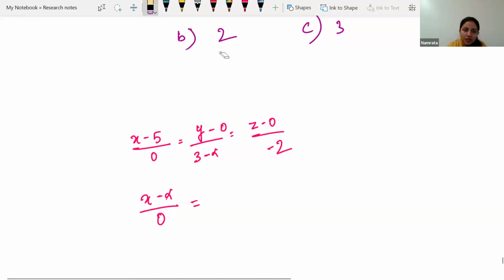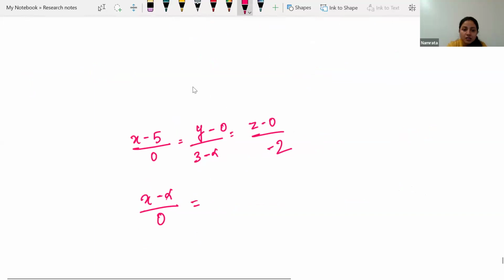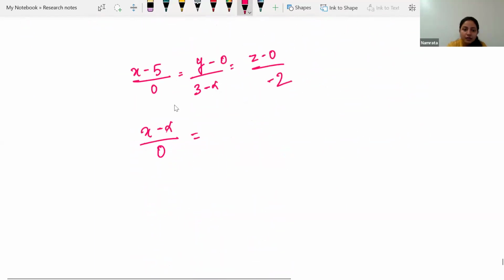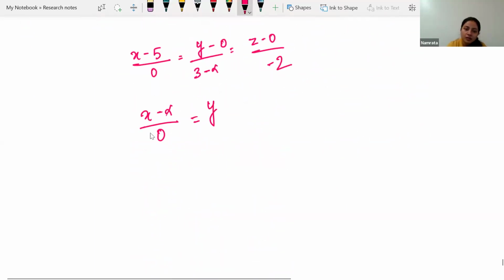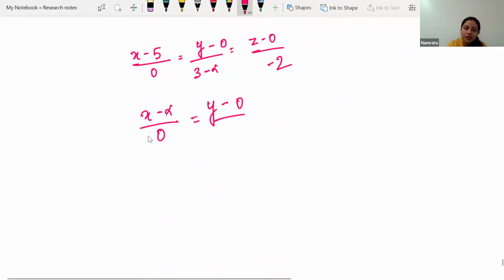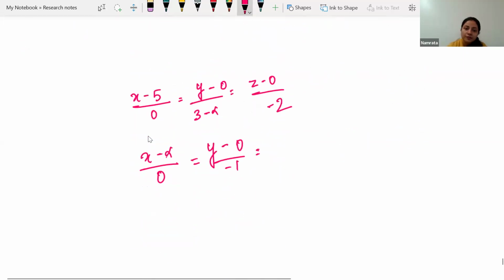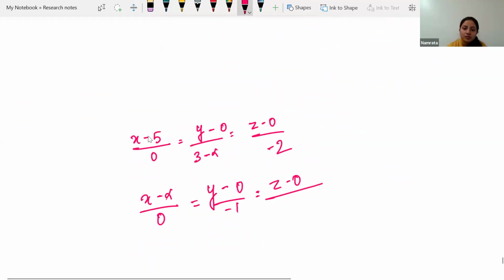The options which I have written here, by mistake I have taken from a different question. x minus alpha by 0, y minus 0 over negative 1 is equal to z minus 0 over 2 minus alpha. This is what we are having as our equation.